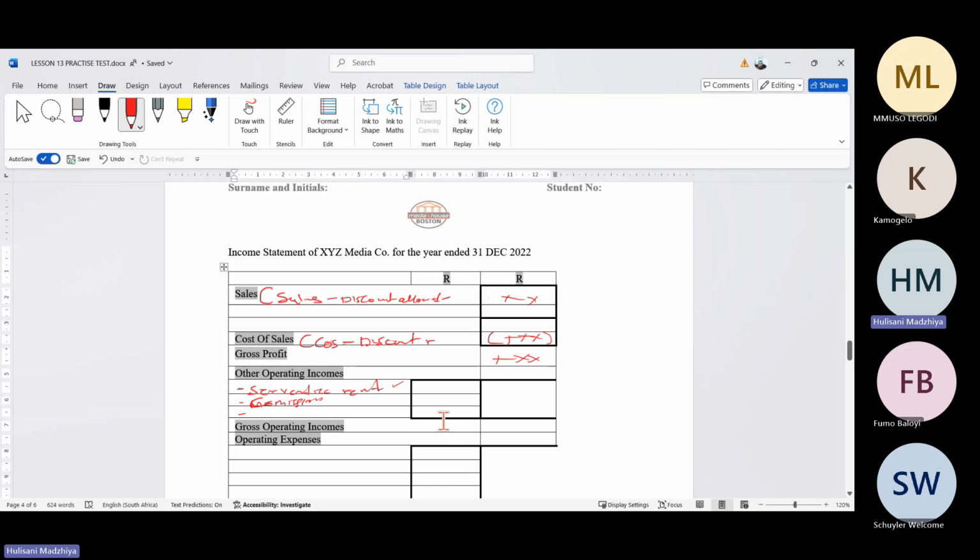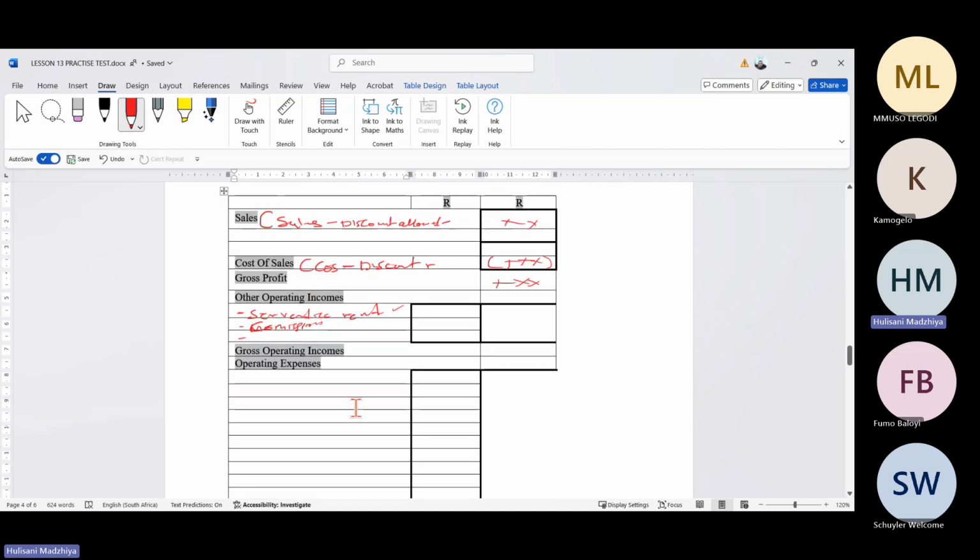So back to our lesson. I was explaining all the accounts that you need to identify that fit within the operating income. Once you have got those accounts, you list them on the page given, and then you put the account amounts here. You add these amounts, and then you put the total under operating income.